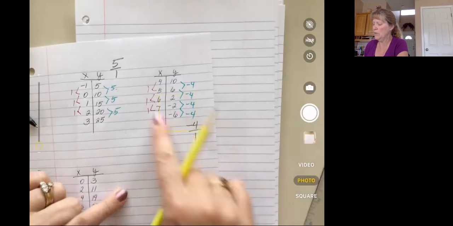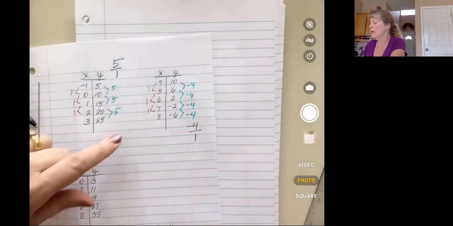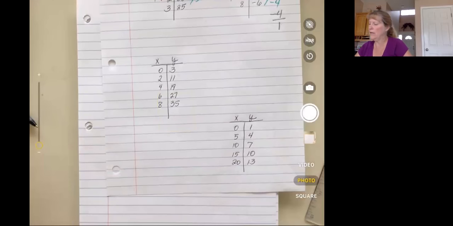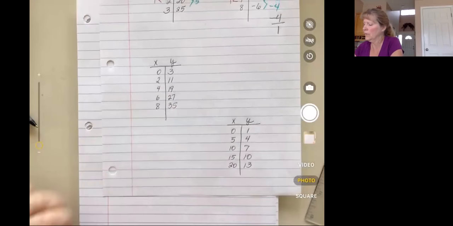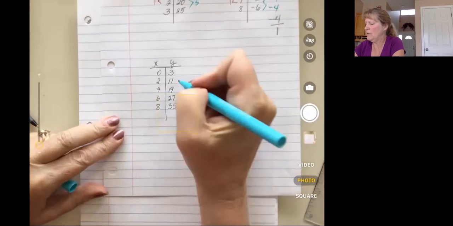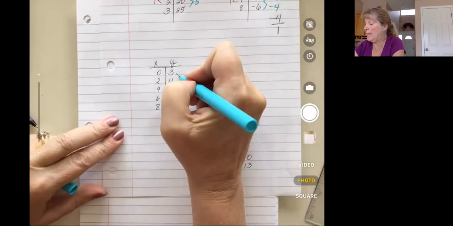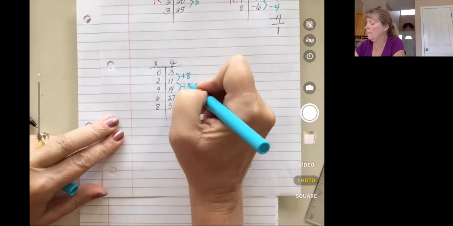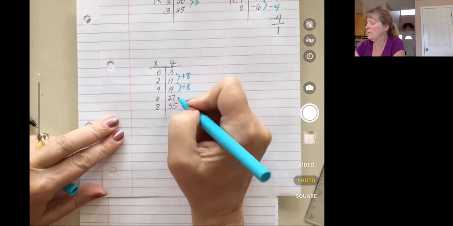And a lot of times when you have a table, they don't count by ones, but you still can do the same thing. If I look at this table right here, from 3 to 11, that's going up 8, 11 to 19, up 8, 19 to 27, up 8.